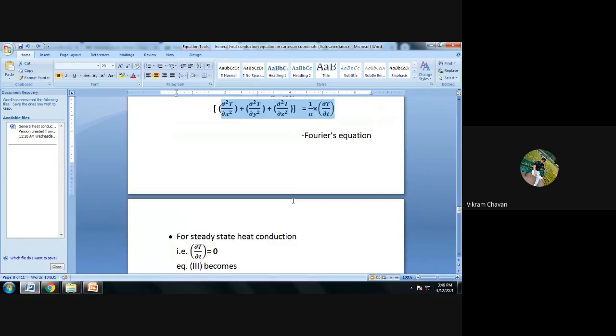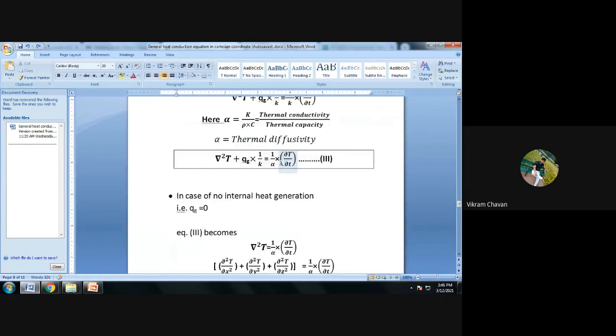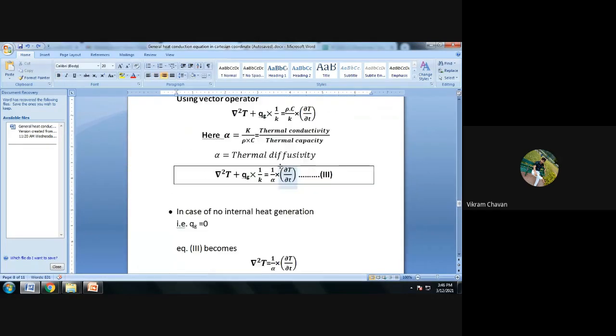In our equation number 3, consider the last term, 1 upon alpha multiplied by dabba T divided by dabba small t. This term, dabba capital T divided by dabba small t, is nothing but the temperature change with respect to time.